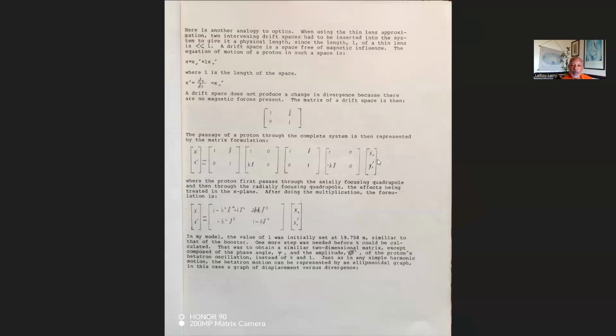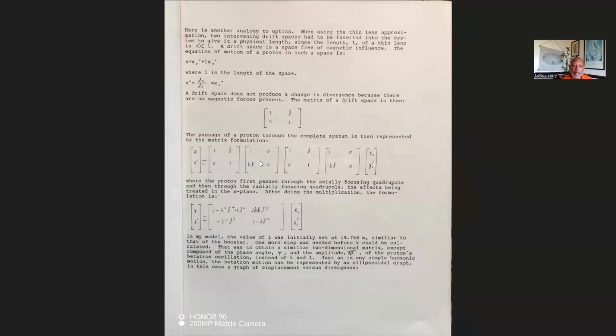And then as that proton goes through the first thin lens approximation to the quadrupole magnet, 2x2 matrix. And then from there, it goes into the first drift space, 2x2 matrix. And then it goes into the second thin lens approximation to the quadrupole magnet.